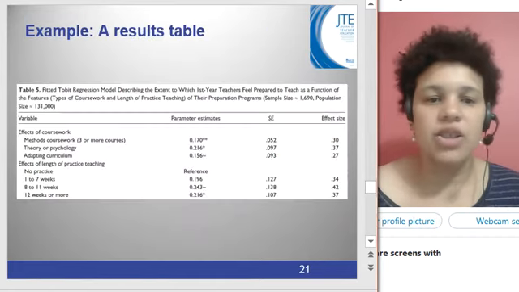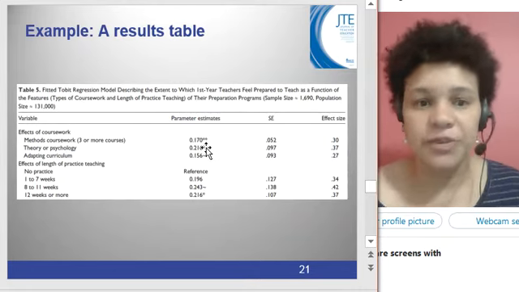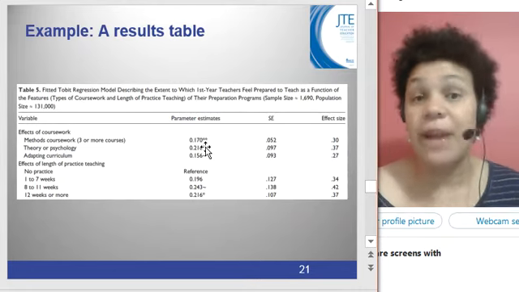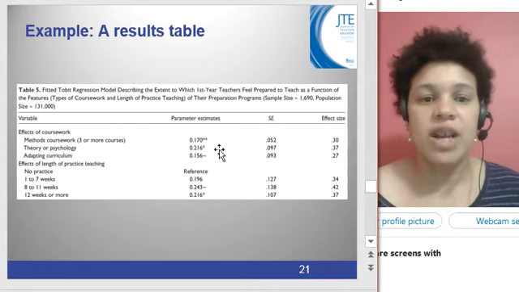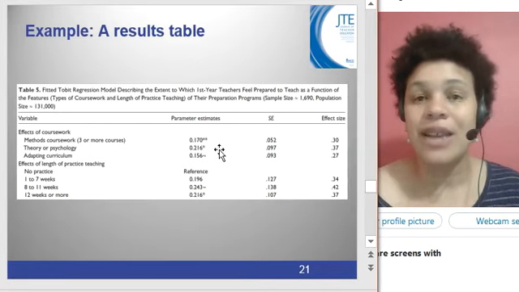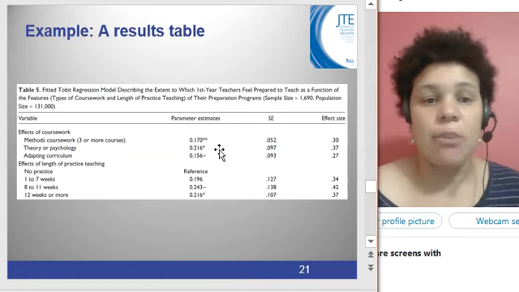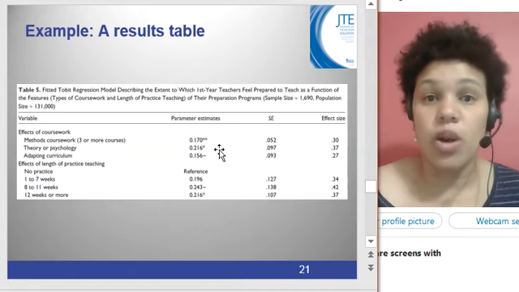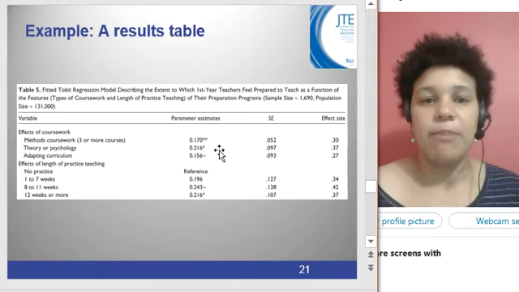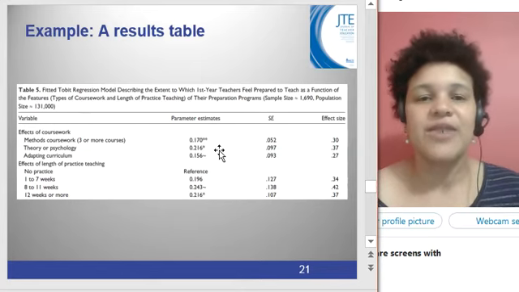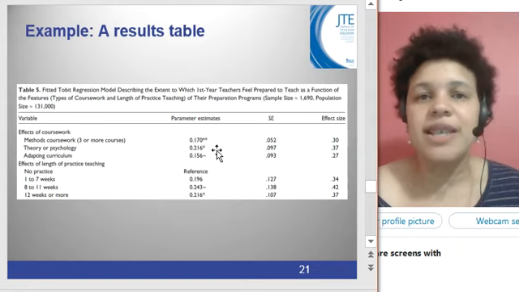Let me talk about methods coursework. The parameter estimate, I might write, this is what I probably wrote, something like this: The parameter estimate was 0.17 and P less than 0.01, right? That P less than 0.01 might be in parentheses. This result was statistically significant.